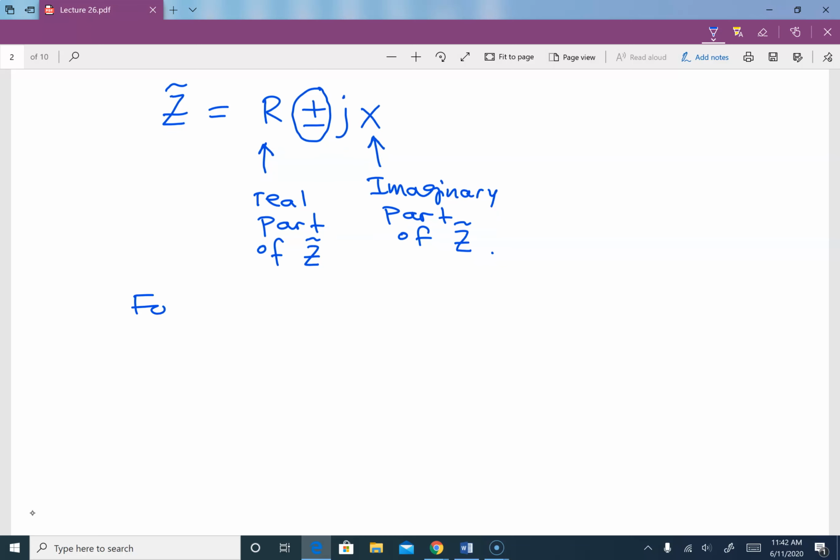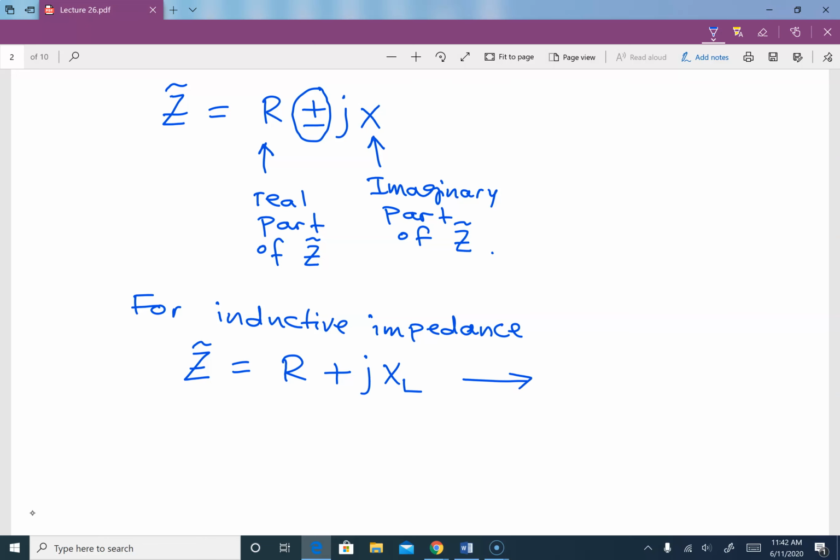So for inductive impedance, we will have our Z is equal to R plus J X sub L in rectangular form. So R is the real part and XL is the imaginary part, which means that in polar form, that will be the magnitude Z with angle positive theta, because this over here is positive.